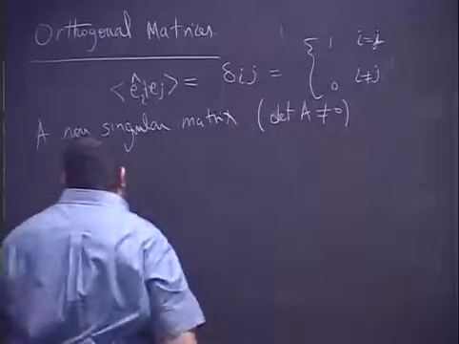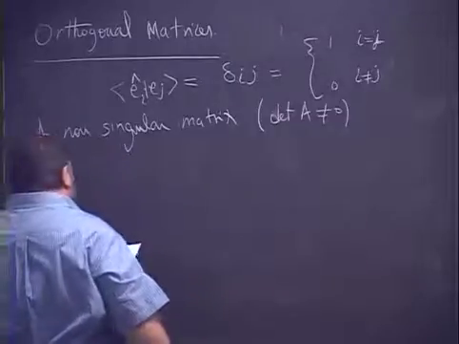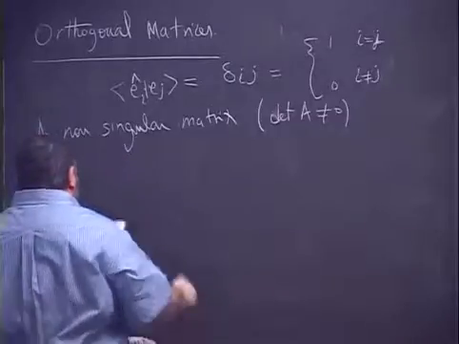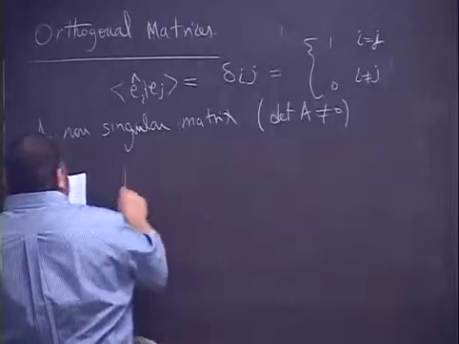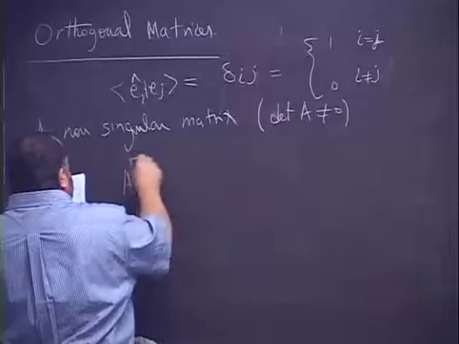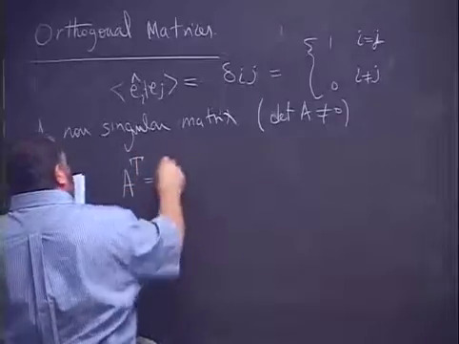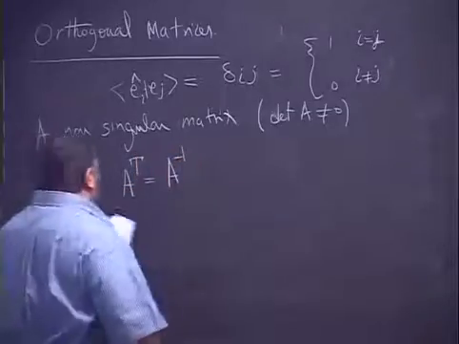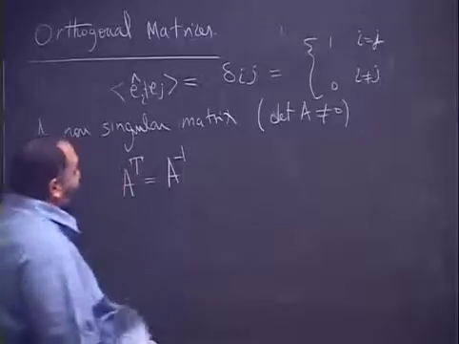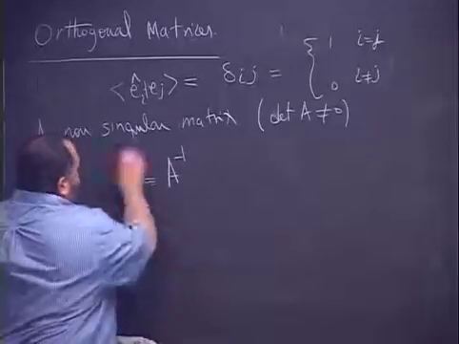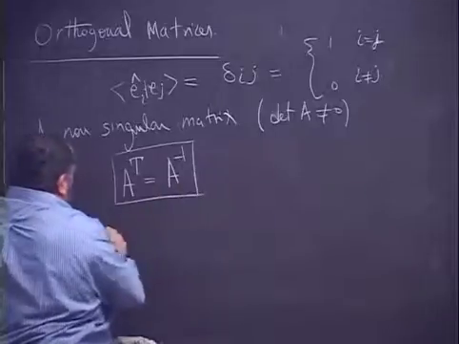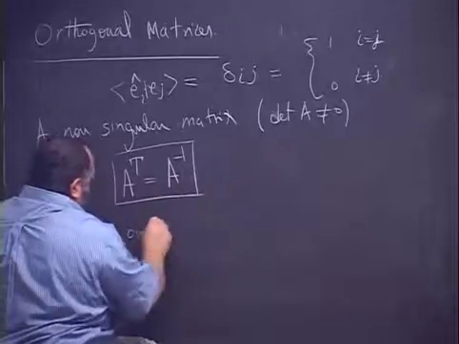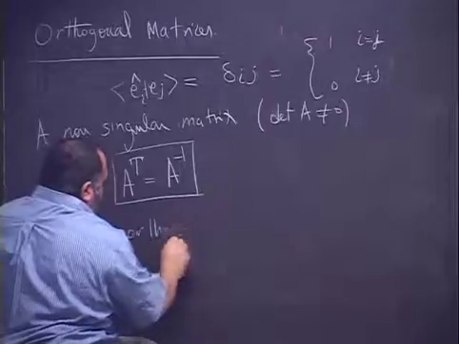If the determinant is equal to 0, the matrix is singular. So if we have a non-singular matrix and the transpose of this matrix is equal to the inverse of the matrix, we call this matrix orthogonal. So A is orthogonal.